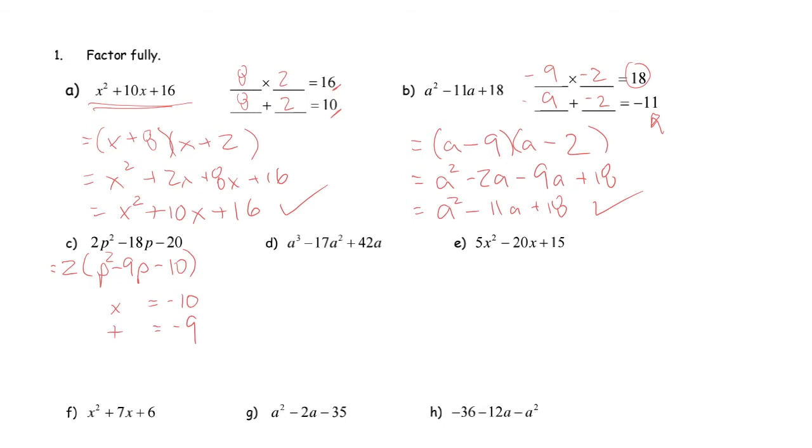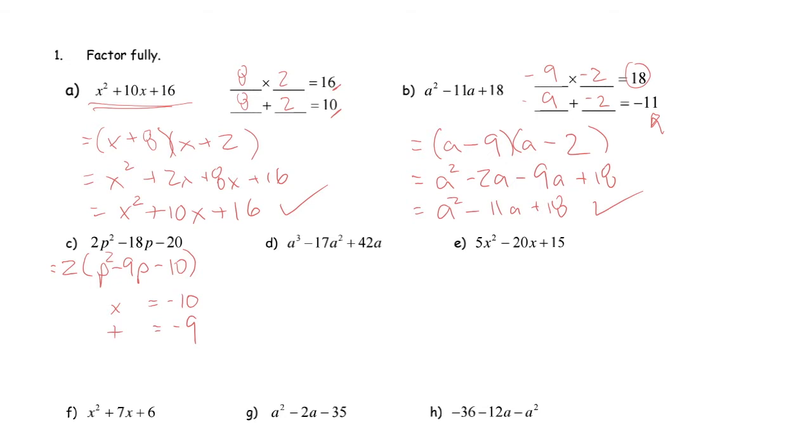And because the product is negative, one of these numbers is negative, one of them is positive. And because the sum is negative, it's the larger number that's negative.